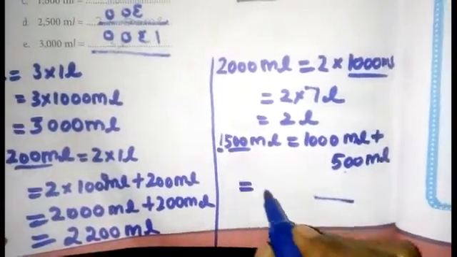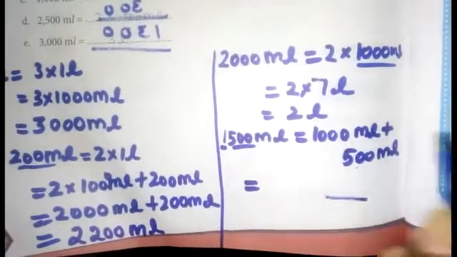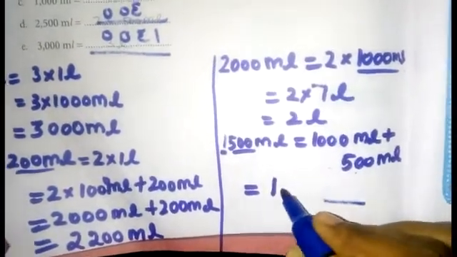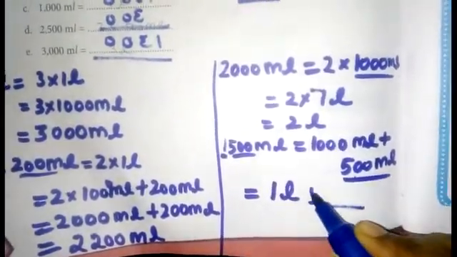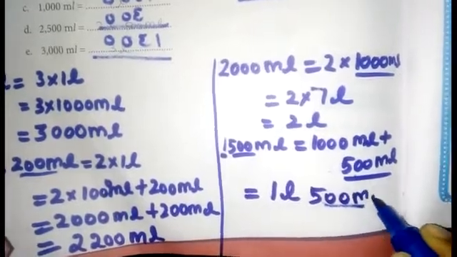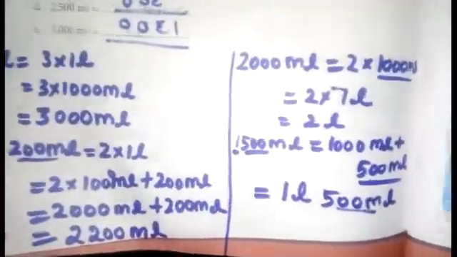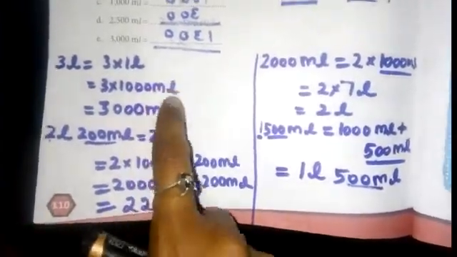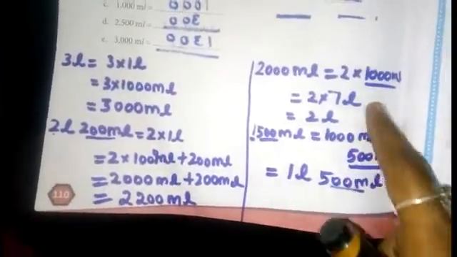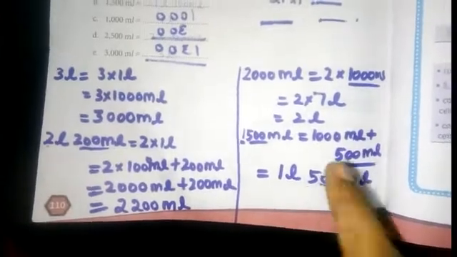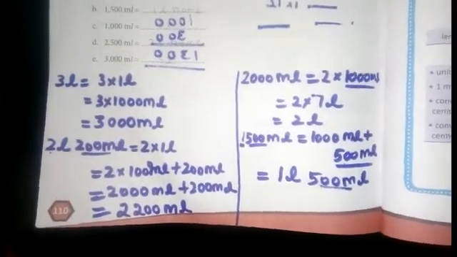The next one, what you have to do? 1000 milliliter means 1 liter. This 500 ml you have to write it as 500 ml. So we converted.